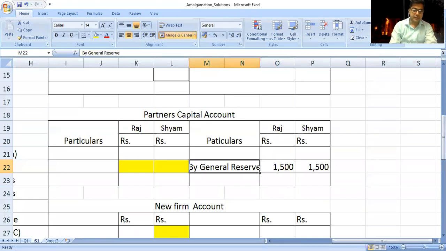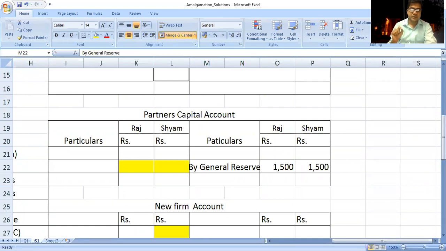After recording this, the next general entry in our general entry part is transfer of losses. In our problem there is no kind of losses. Then after that, the fifth general entry is record of sale of business. Record of sale of business simply means the purchase consideration due.